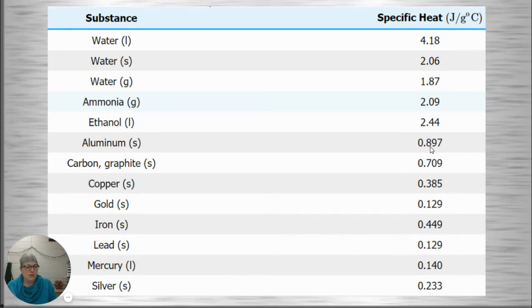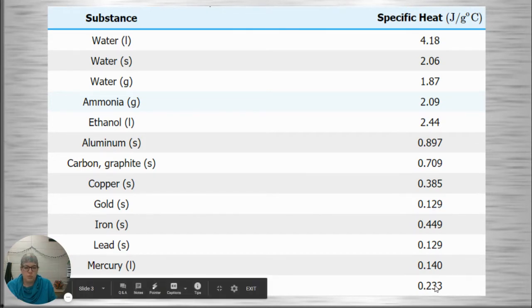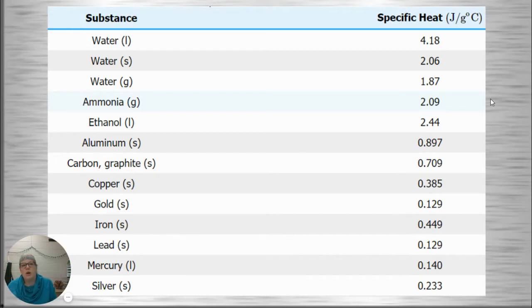Now, metals tend to have lower specific heats and they heat up pretty quickly. If you look at our metals here, aluminum has a specific heat of around 0.9, gold's around 0.12, and silver is 0.23. When you look at these values, the judgment call you might have to make is which one of these things is going to heat up faster.